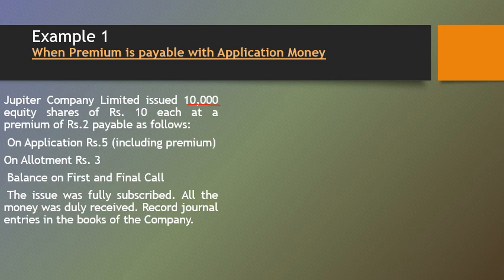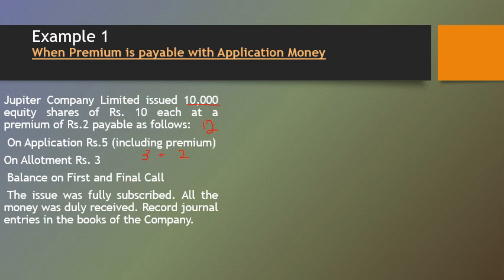The shares are worth rupees 10 and are now issued at a premium, so the total value of the share is rupees 12. It is payable as rupees 5 on application including premium. What is our premium amount here? Premium is 2. Then what will be the actual application? 5 minus 2, 3. So 3 on application and 2 on premium.